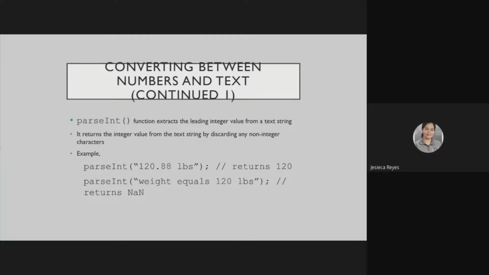And for this function, parseInt of weight equals 120 pounds, this will return NaN. It's not numeric. Weight equals, it's not numeric, so a NaN value is being returned.